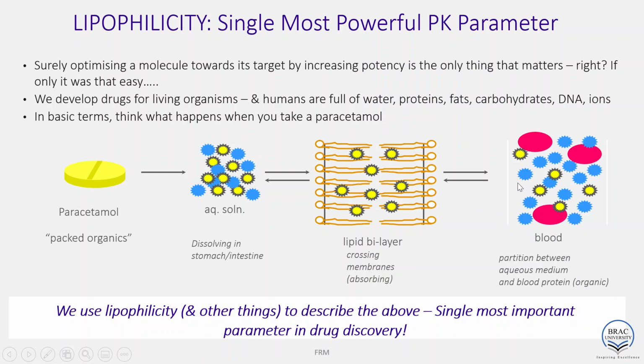In the blood there are two phases, the organic and aqueous phase. The serum is mainly the aqueous phase, composed of water, and the other phase is the plasma, which is mainly composed of plasma proteins. Those are mainly the organic phase, or the lipid phase, you can say.